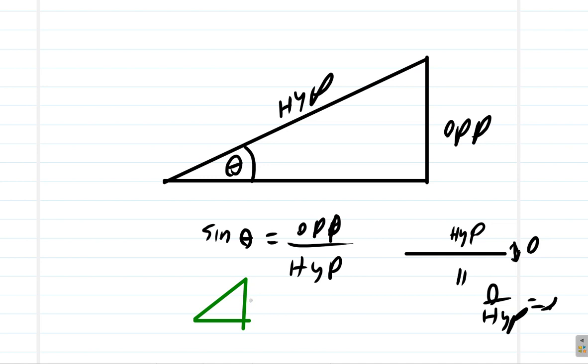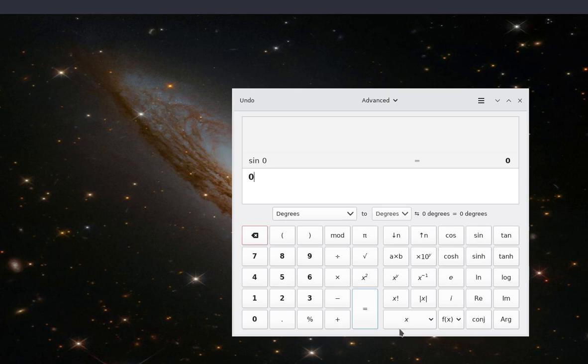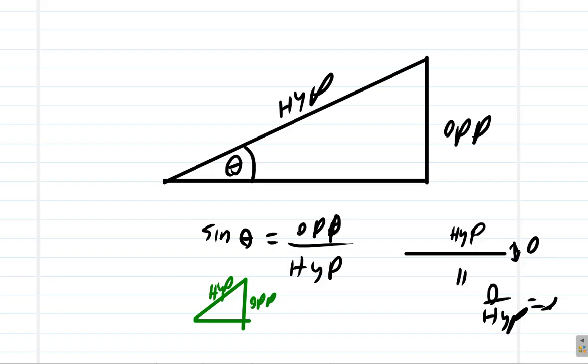Alright? What will be that opposite divided by the hypotenuse? In other words, 45 degrees. Let's get back to our calculator. This is our calculator. We find sine of 45 equals 0.707. Alright? So, that's 0.707.